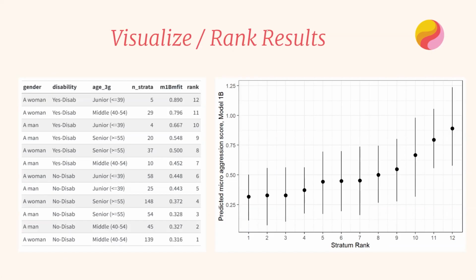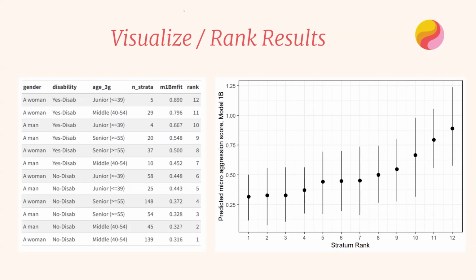So as you can see, the first 6 entries here, basically the higher the microaggression score, are all related to disability, which was also indicated by the main effects model. If you remember, there was a significant effect for disability, but then it also is in combination with gender and age. So it gives you a quite good overview of how these intersectional strata really relate to your outcome of interest.